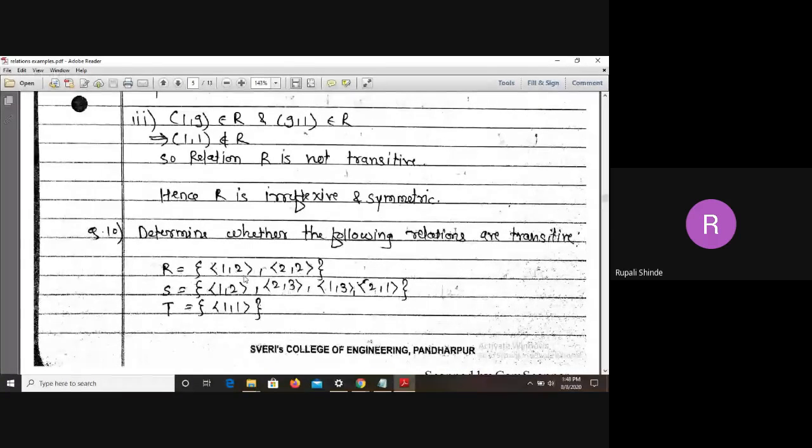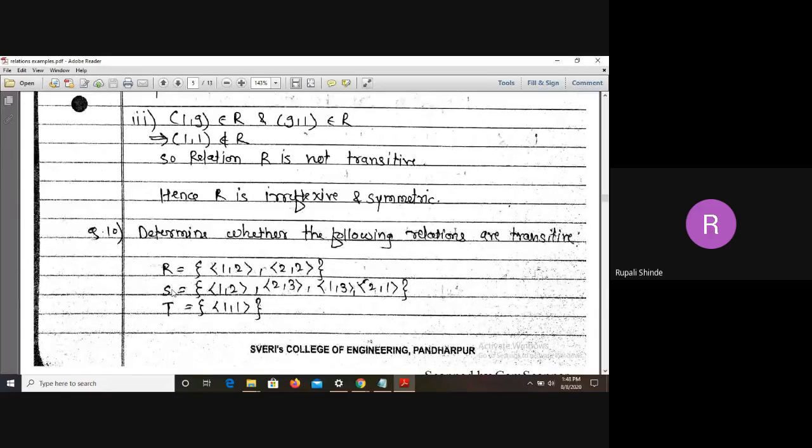So here we have to find another ordered pair whose first element is 2. So 2, 2 is here. So 2, 2 will get cancelled and you will get the ordered pair 1, 2. And that ordered pair is present in this relation R. That's why this one is transitive.